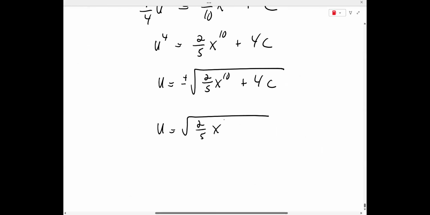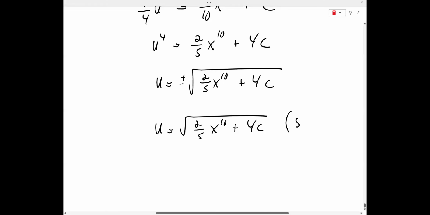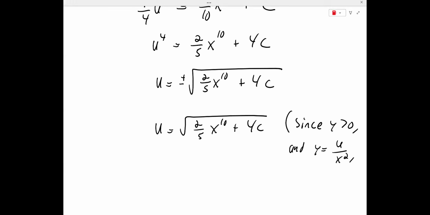So, since y is greater than 0 and y is equal to u over x squared, we must have u greater than 0. So if u is greater than 0, then it's just the positive root there.